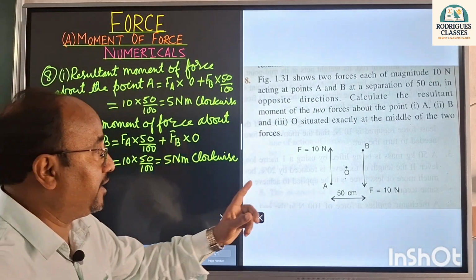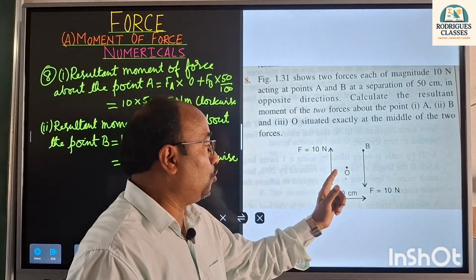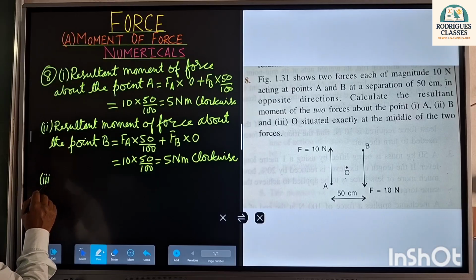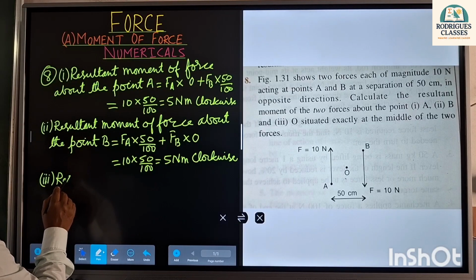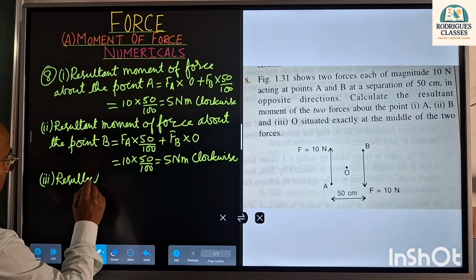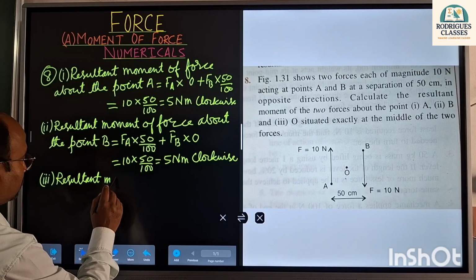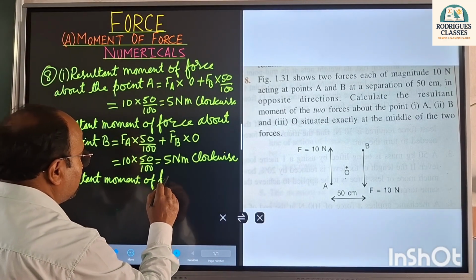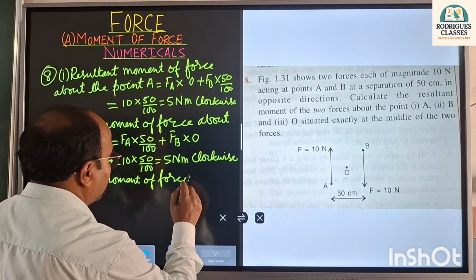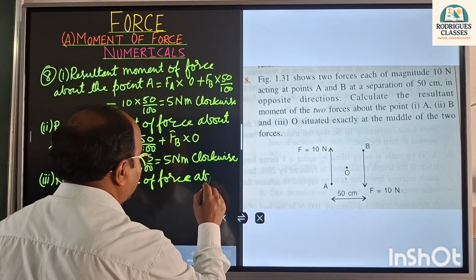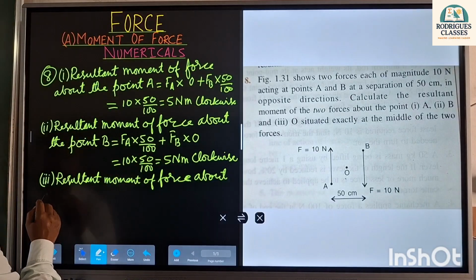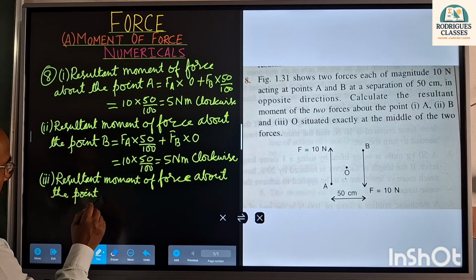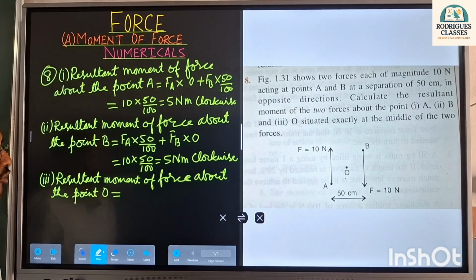Now we have to find the resultant moment of force about the point O. Now see what I can do.